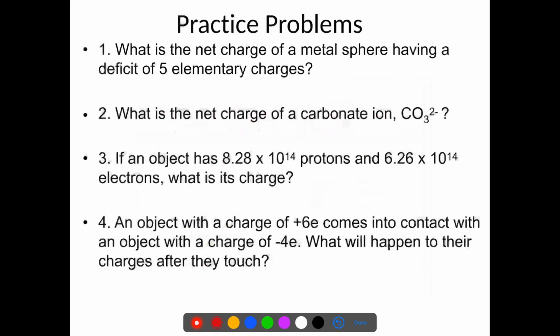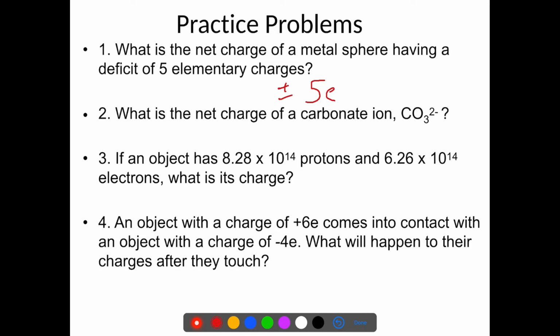And I guess I can do these problems. What is the net charge of a metal sphere having a deficit of 5 electrons? I already know it's 5e, but is it plus or minus?